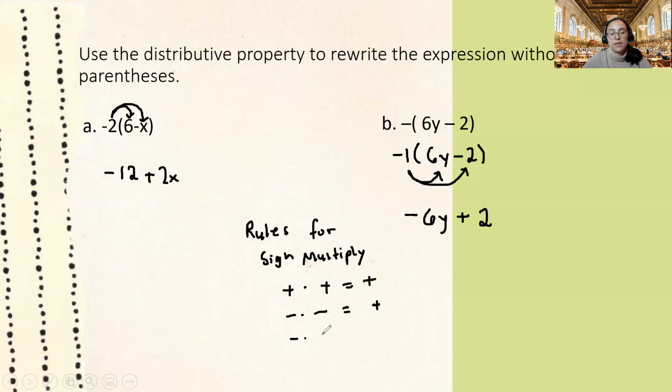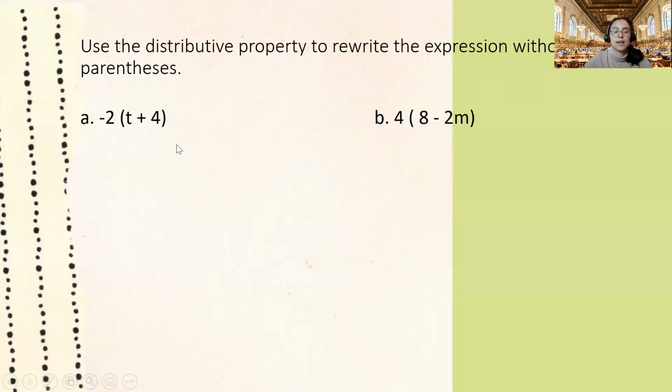A negative times a positive or a positive times a negative, doesn't matter the order, because remember our commutative property, will be negative. Okay, so these rules are still relevant. Remember that when we have something like negative x or just a negative outside, this is all just a -1 that is right here. Okay, so let's go ahead and continue to the next slide.